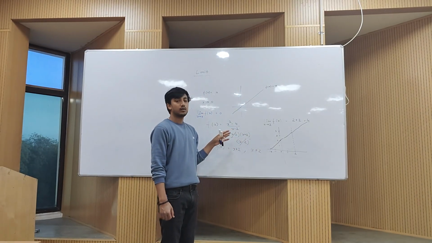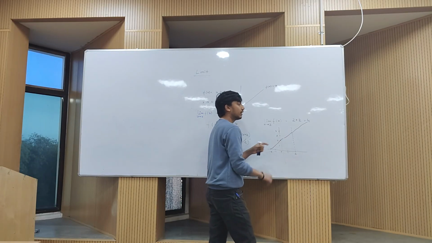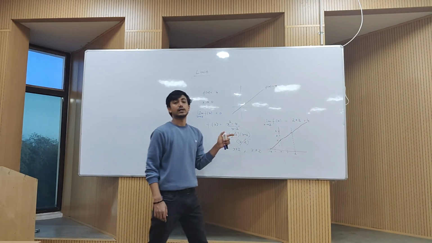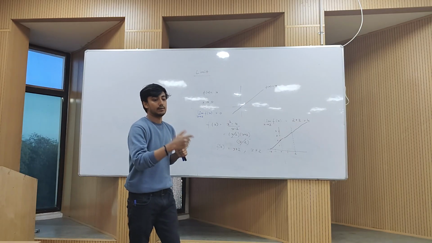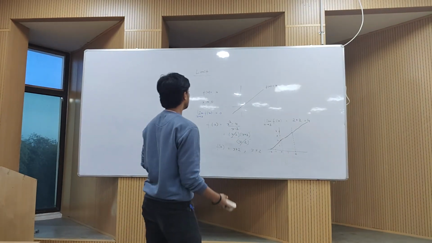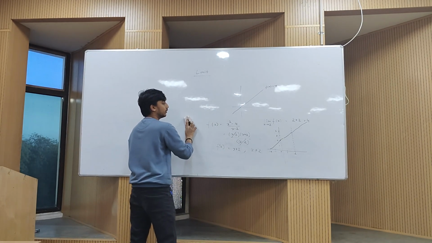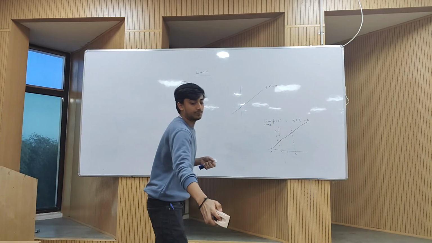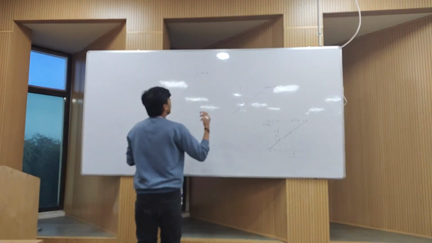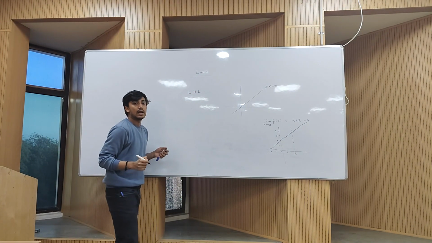Here I have said one more thing. We were approaching from the left and we were approaching from the right. So here comes the idea of left hand limit and right hand limit. Let us see what is the meaning of that. Left hand limit is generally denoted by LHL.